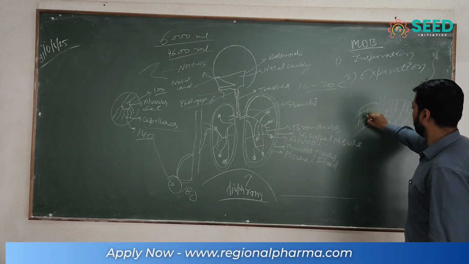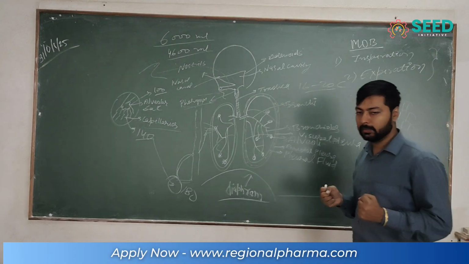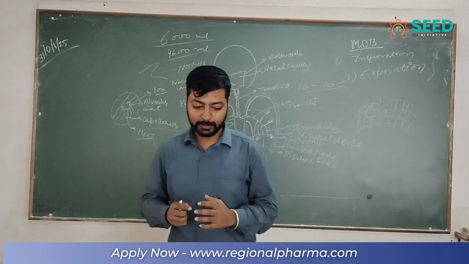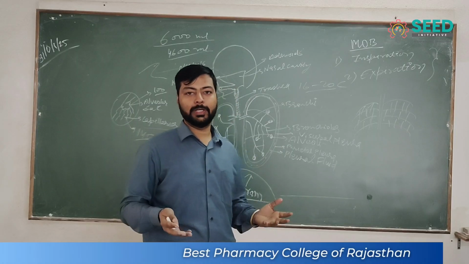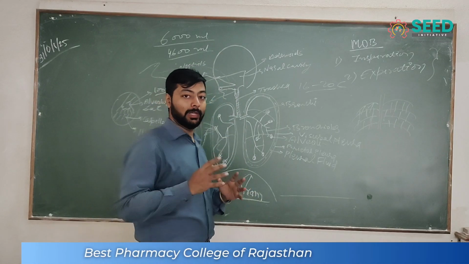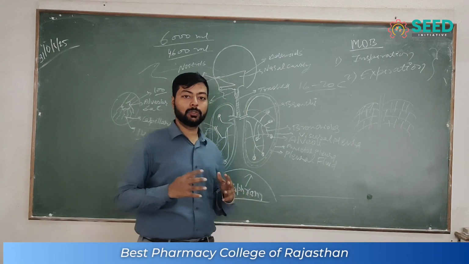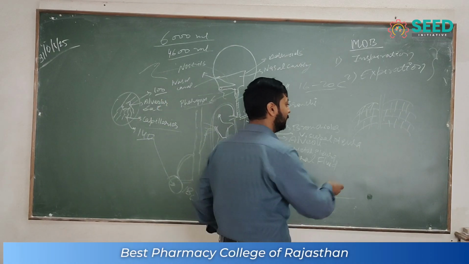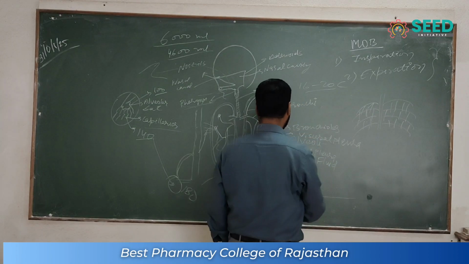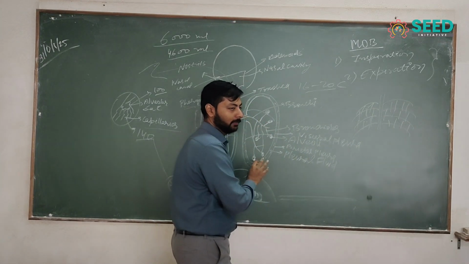These are called intercostal muscles, and below them is the diaphragm. They contract and relax, contract and relax. Both are contracted: the intercostal muscles are contracted and the diaphragm is also contracted, and then it is flattened.